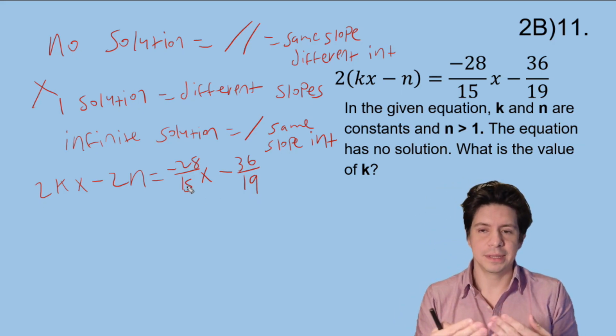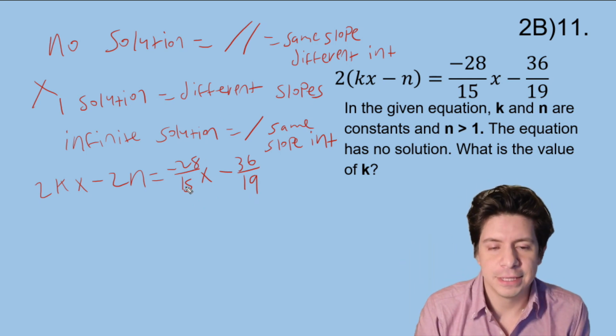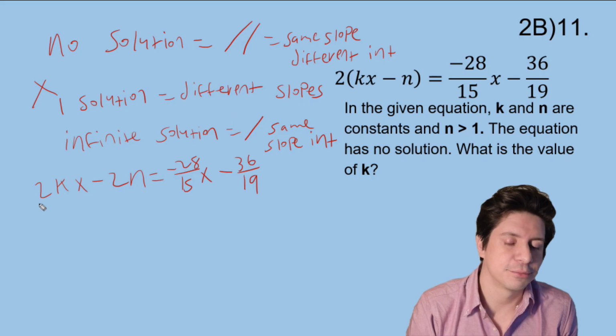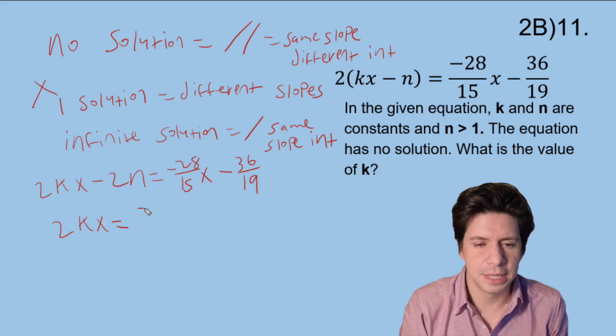They have to be the same value to have the same slopes, right? You could think of negative 28/15 as a slope. So this has to be the same thing. So we're going to do 2kx equals negative 28/15x. Forget the x's, they cancel.